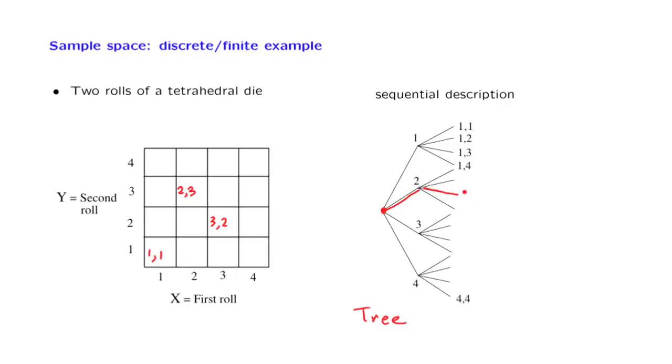So we follow this branch here, and we end up at this particular leaf, which is the leaf associated with the outcome 2, 3. Notice that in this tree, we once more have a distinction. The outcome 2 followed by a 3 is different from the outcome 3 followed by a 2, which would correspond to this particular place in the diagram. In both cases, we have 16 possible outcomes. 4 times 4 makes 16, and similarly, if you count here, the number of leaves is equal to 16.